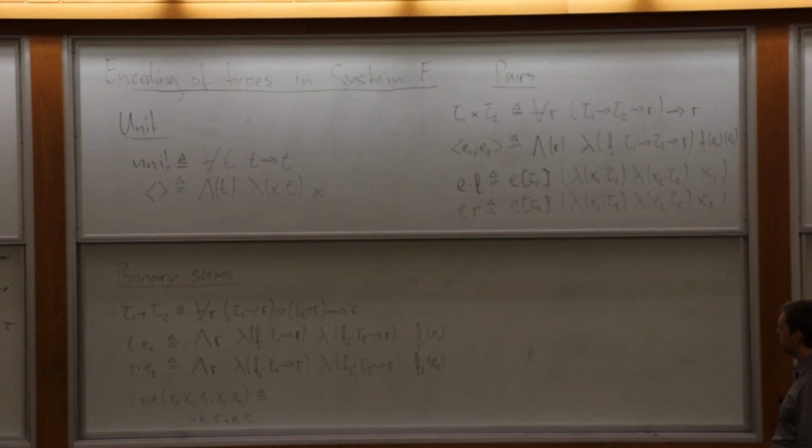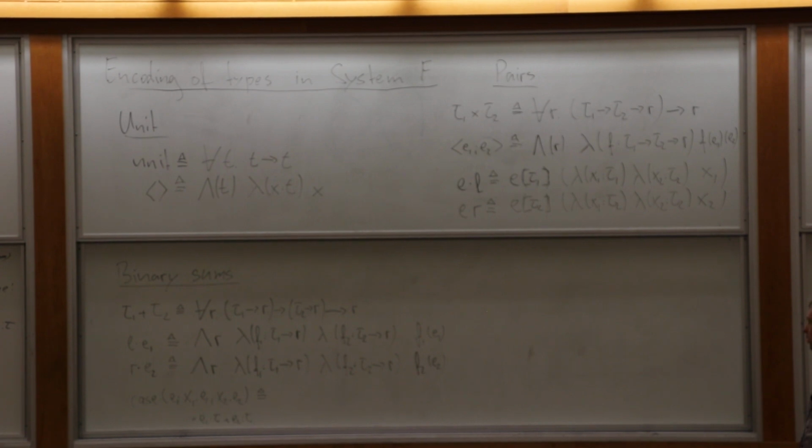So what do we do? At the end of the day, we want to end up with something of type tau, right? Because the whole case expression has type tau. And of course, we want to use the sum.